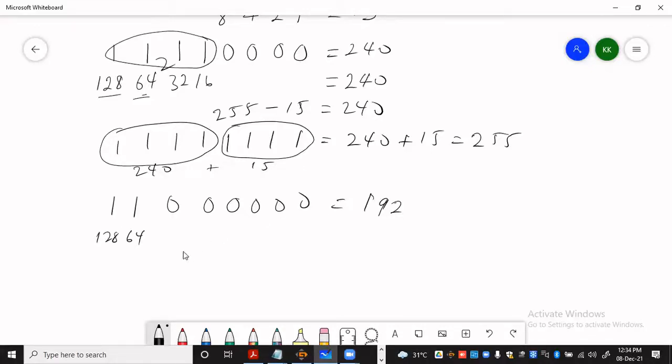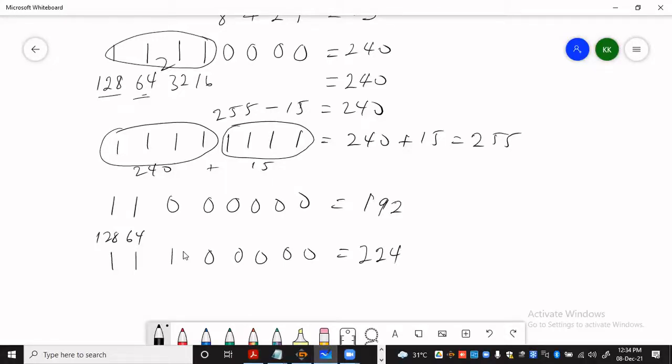Okay. So give another example. Another example, you have 1, 1, 1, 0, 0, 0, 0, 0. 224.